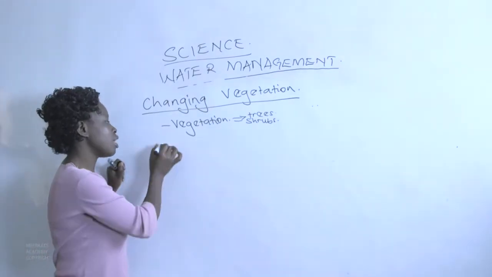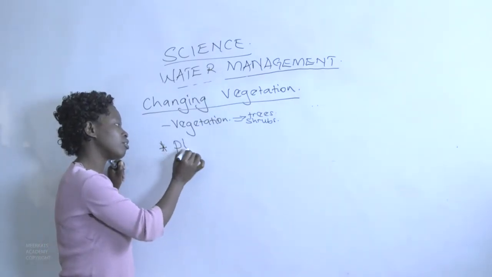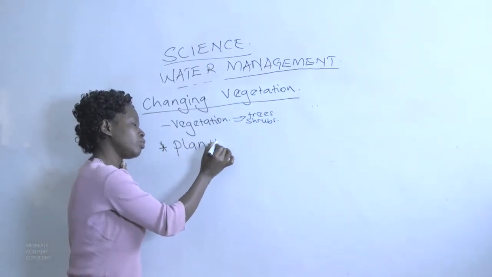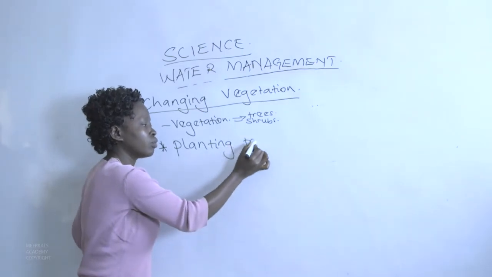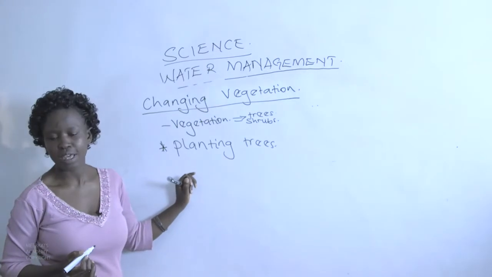For instance, if in this region somebody decides to plant trees, what is the effect of planting trees in a region?